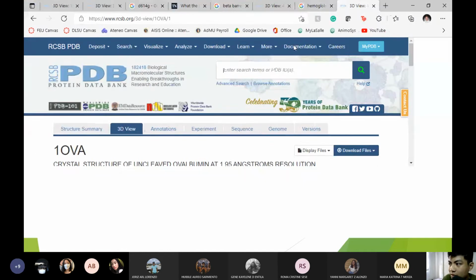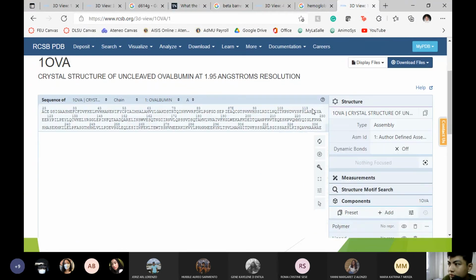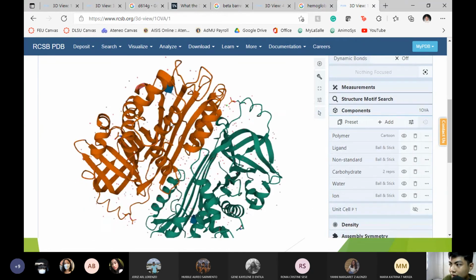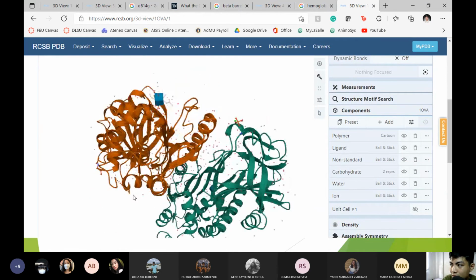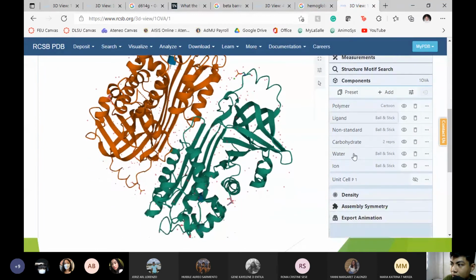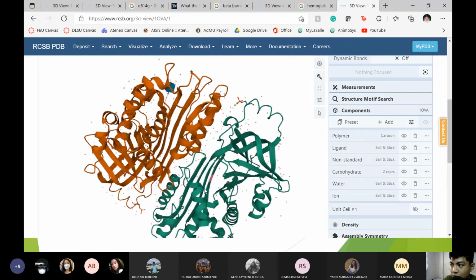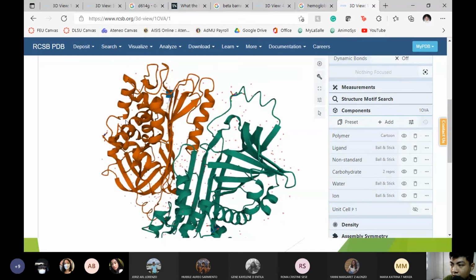So this is albumin, okay? Ayan. So as you can see, I think this is a dimeric protein. Dalawa yung groups niya. So you have this group here and another group here. And as you can see, for each group, you have your beta sheets and your alpha helices.